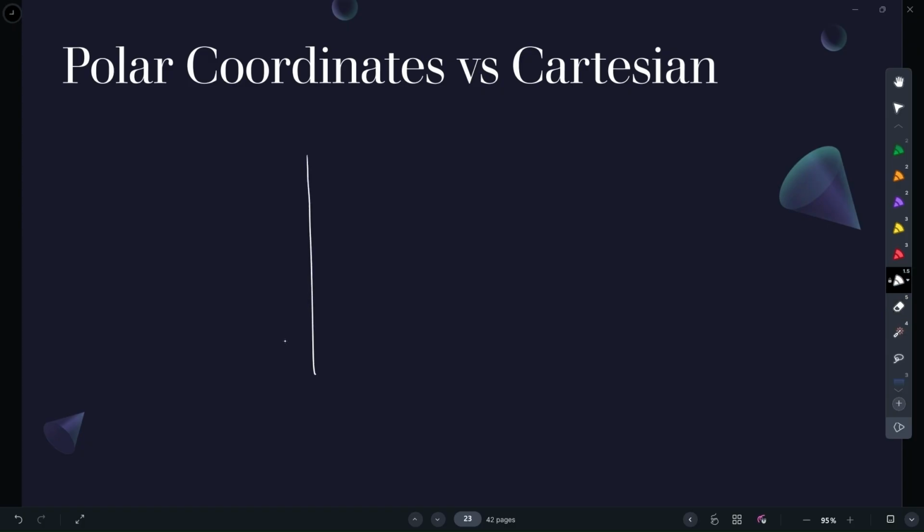So if I have a point in the Cartesian plane, so here is my point x naught, y naught, then I can describe that point in a different way. This point in Cartesian coordinates is just described by what the x coordinate is and what the y coordinate is.